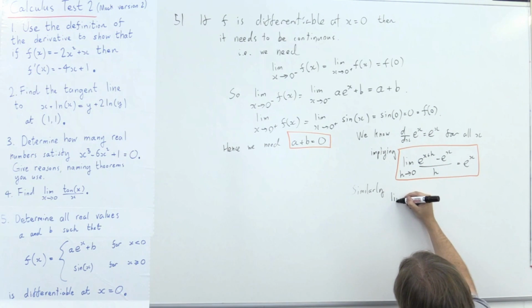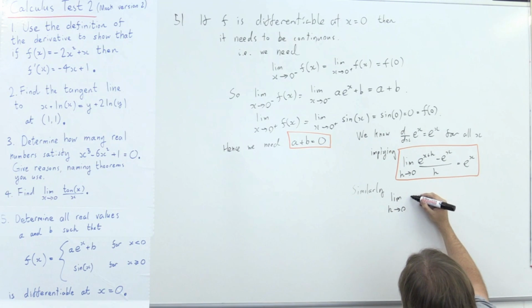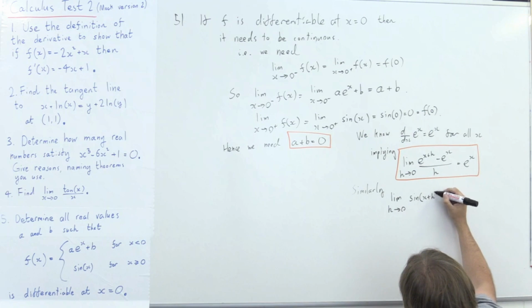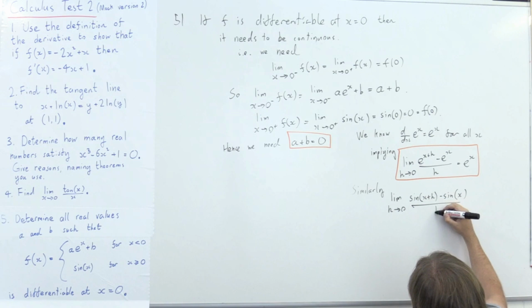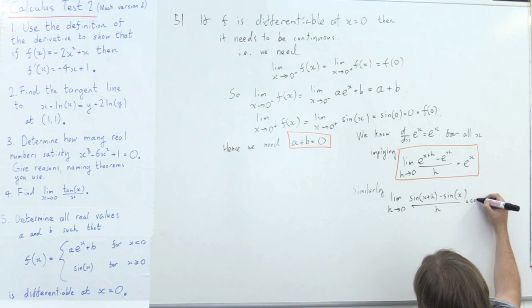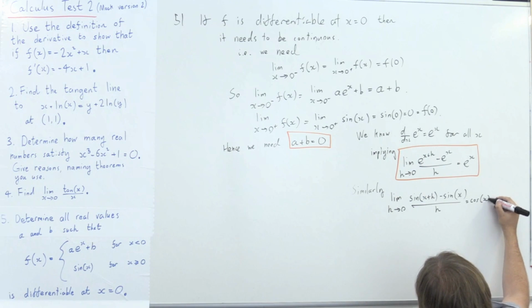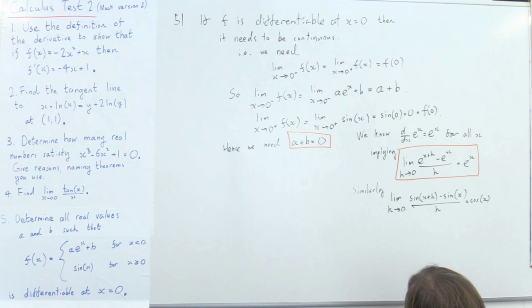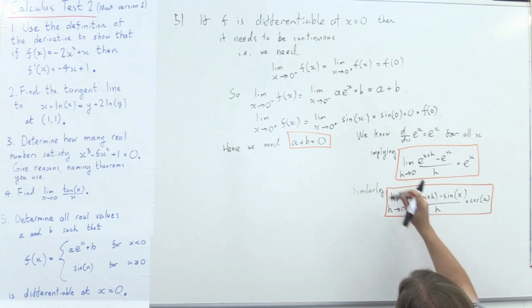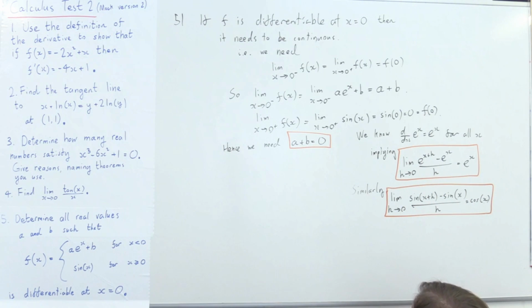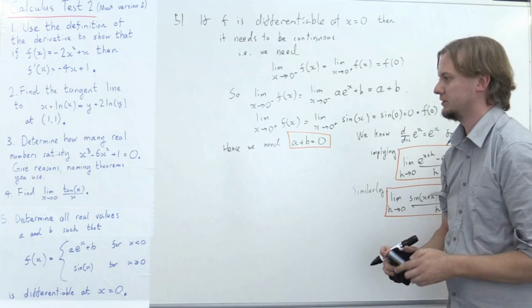We know that the limit as h approaches 0 of sine of x plus h minus sine of x over h is the cosine of x, and that's true for all x. So I do need these two tools if I'm going to do this using the limit definition.